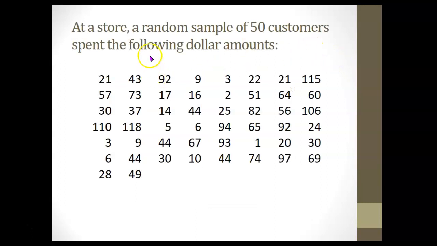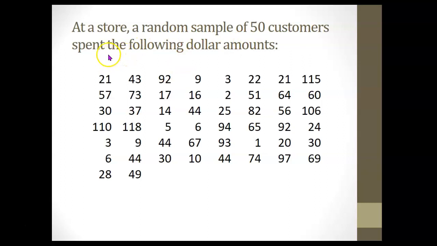Now in this next example, imagine you are interested in studying how much people spend at the store, at some particular store that they shop at. So you go down to the store and you somehow obtain a sample, maybe using systematic sampling or something, but you get a sample of 50 customers and find out how much they spend, what their total comes to, rounded to the nearest whole dollar.